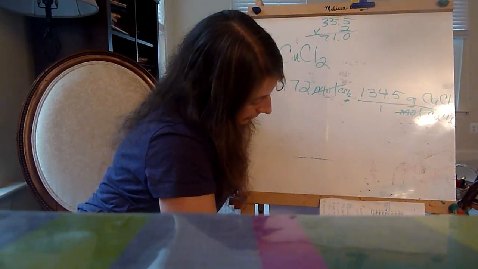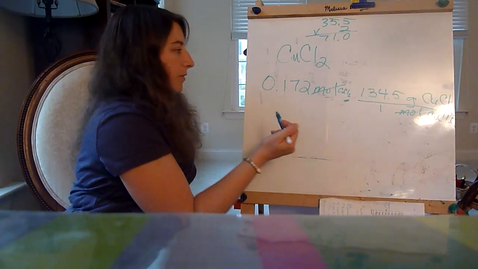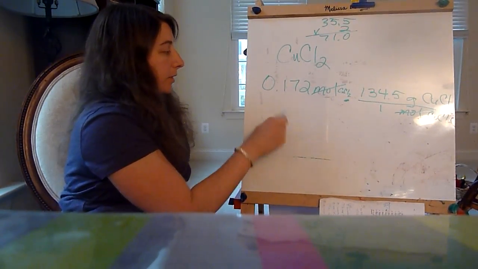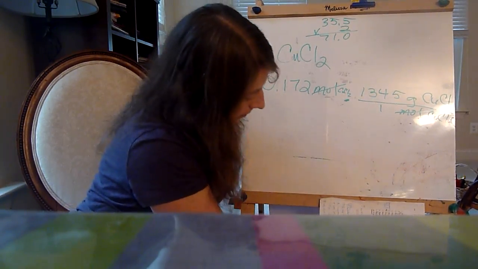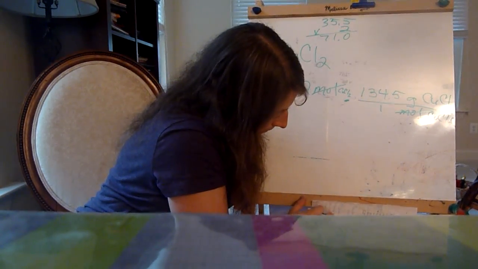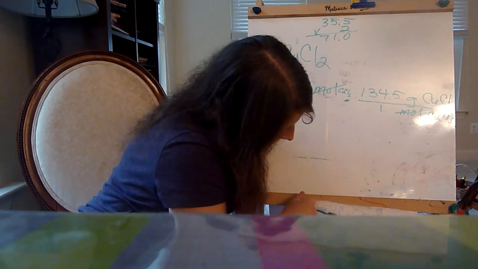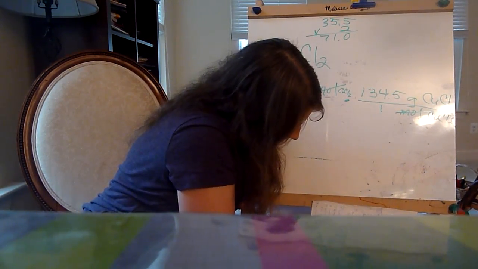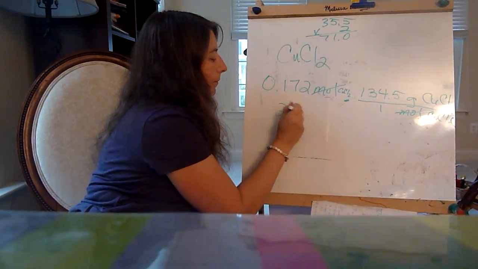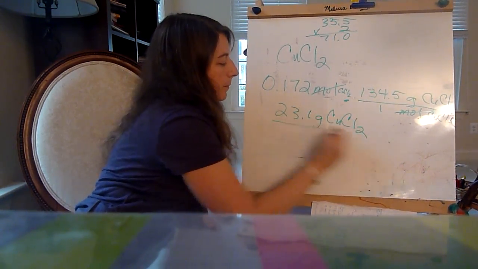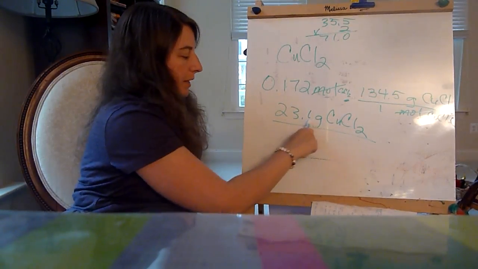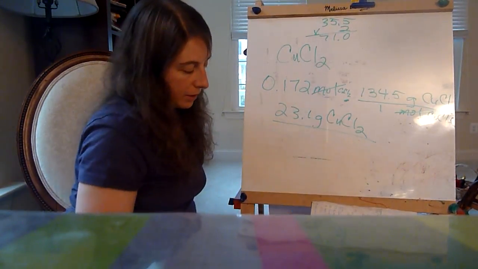Make sure I wrote it right. 134.5, good. So if I type into my calculator 0.172 times 134.5, then I get 23.1 grams of copper chloride. And my answer has a number, a unit, and what it is.